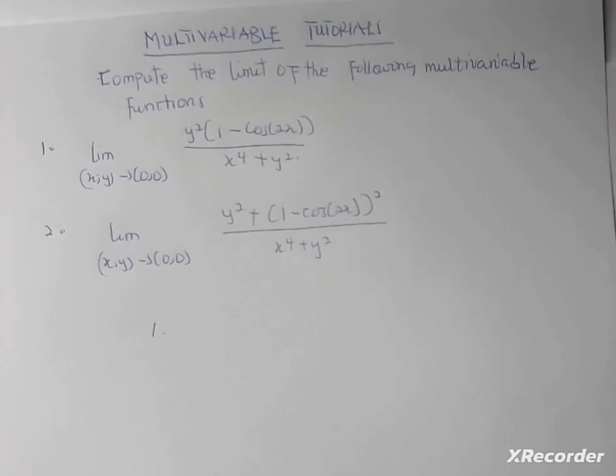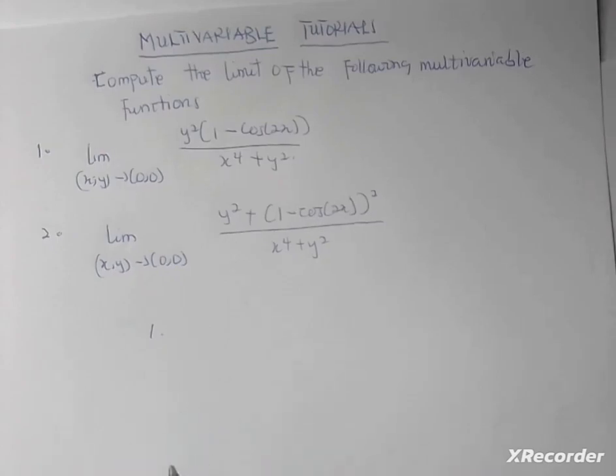In multivariable functions, we don't have the left and right limits because it's a three-dimensional space function. We can approach that point in several ways: through lines, through curves, or even just a point.